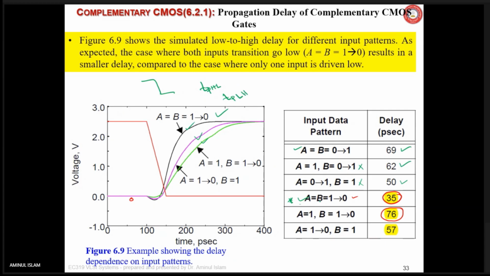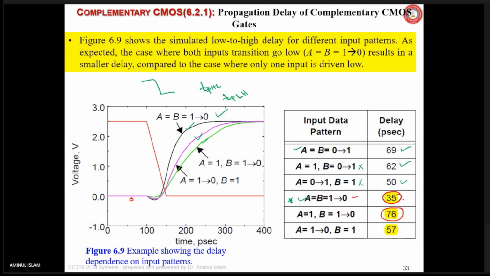TPLH, because the inputs were high initially. Both N MOSFETs were on, so the output was 0. Now both inputs are going low, so the N MOSFETs will be off and the P MOSFETs will be on. So it is TPLH, and that is taking the least delay, not the critical one.